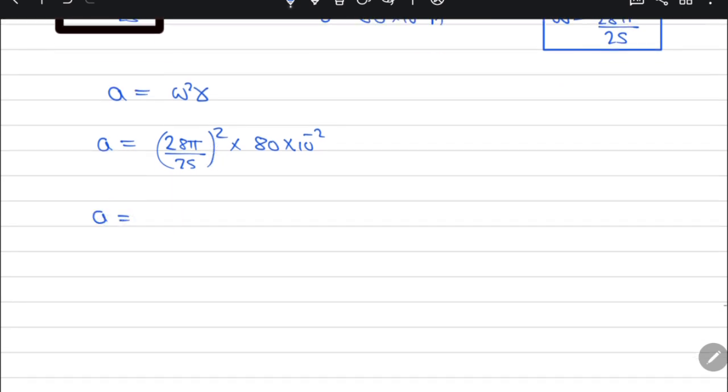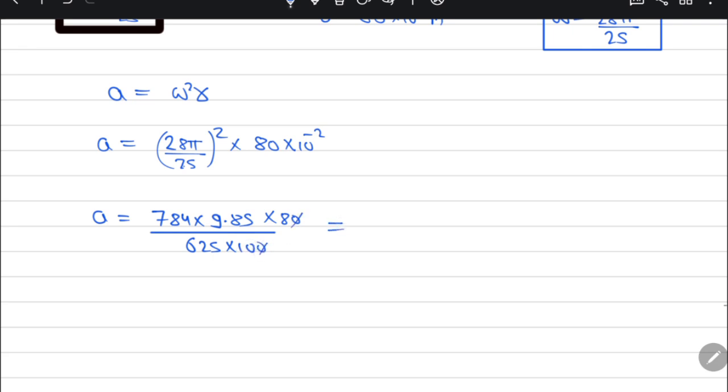If you multiply 28 into 28, this comes out to be 784. And pi is 3.14, pi square is 9.85, and 25 square is 625 into 8 divided by 10, the 10s cancel.